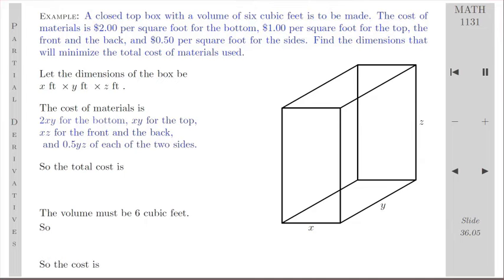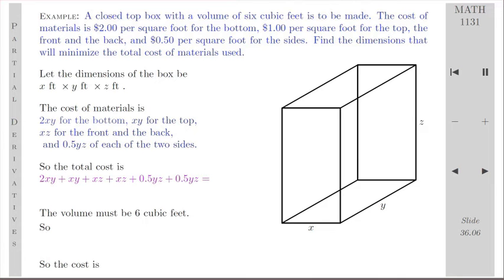And then for each of the two sides, the area is yz, the cost is $0.5 per square foot, so it's 0.5yz. The total cost is 2xy for the bottom, xy for the top, xz for the front, xz for the back, and then 0.5yz for the right hand side and 0.5yz for the left hand side.